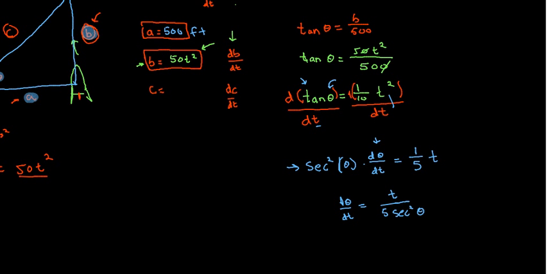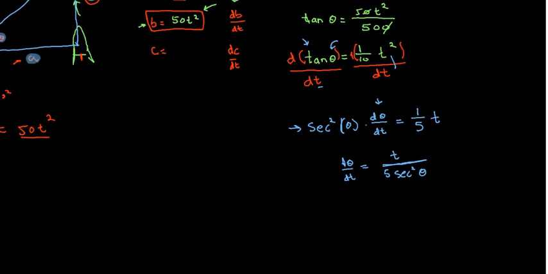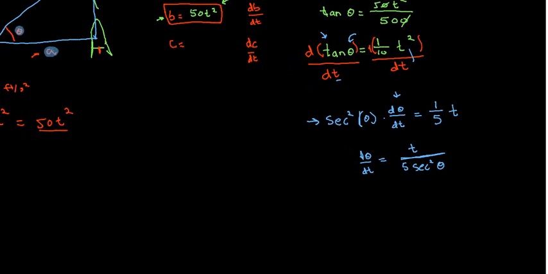Now that we have our derivative, we can start plugging things in. After 3 seconds, so we are going to plug in 3 right there. But as you can see, there's another variable here. We still have a theta. We've got to figure out what theta is. So we need to do that.